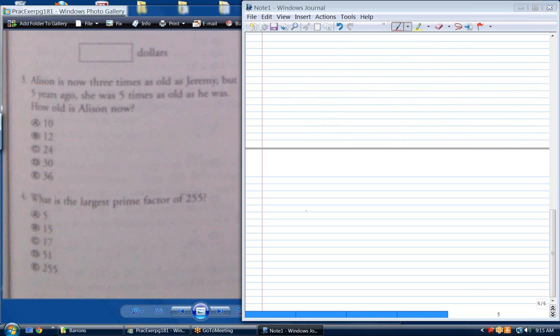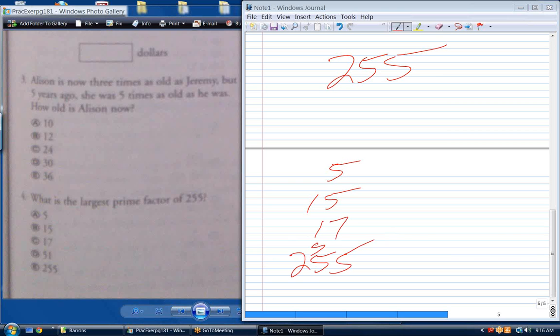It's the largest prime factor of 255. Our choices are 5, 15, 17, 255. How are we going to do this? Break it down into the prime factors. Well, I'm going to suggest that that's not going to be your quickest way to do it, because that's quite a bit of work.